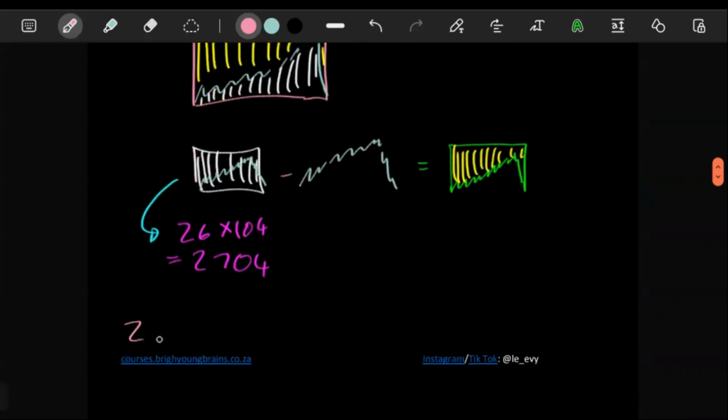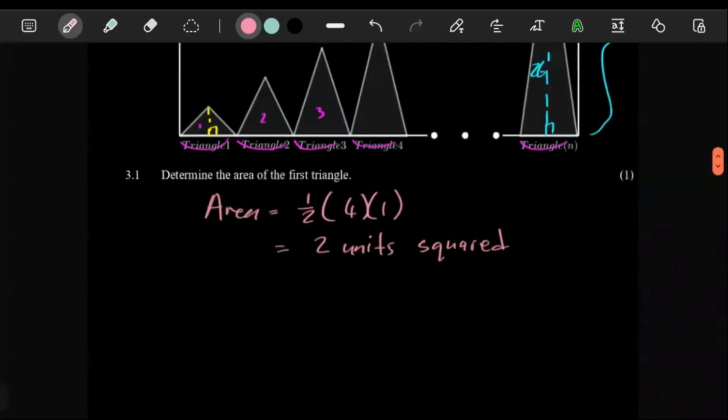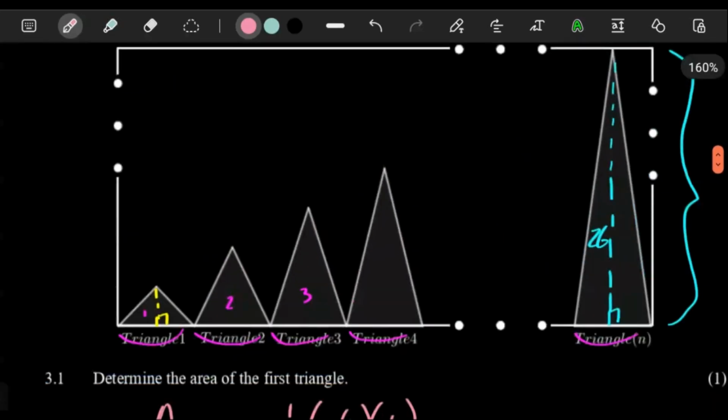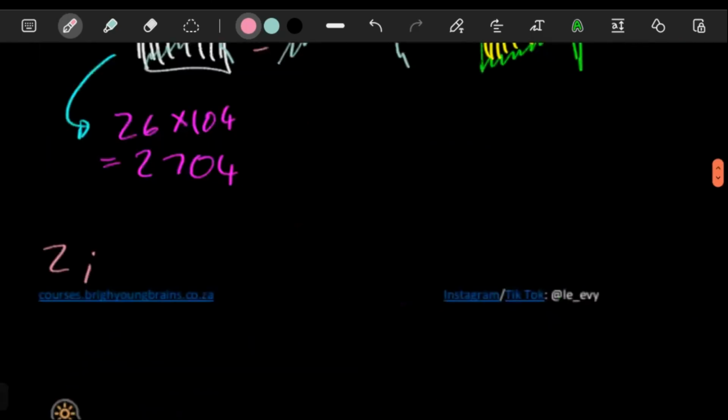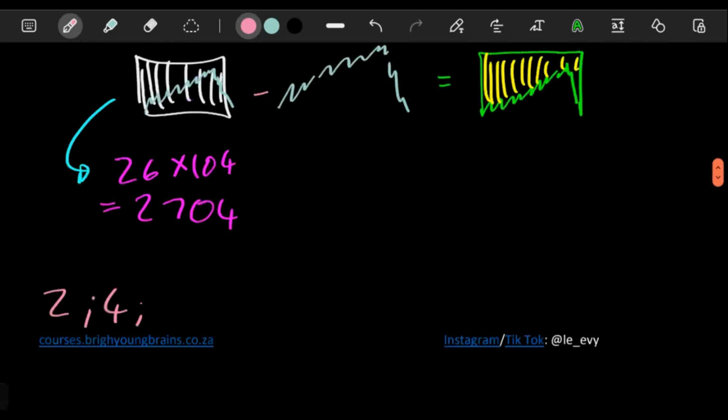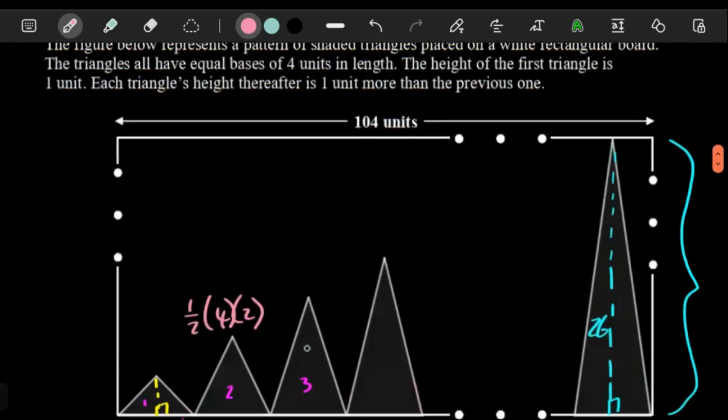So the sequence would have 2. The second triangle would be a half times a base of 4 times a perpendicular height of 2, so it's 8 times a half, which is 4. For the third, I want to have 3 so that we can easily work out the sequence. Here the third one would be a half, the base is 4, the height is 3.